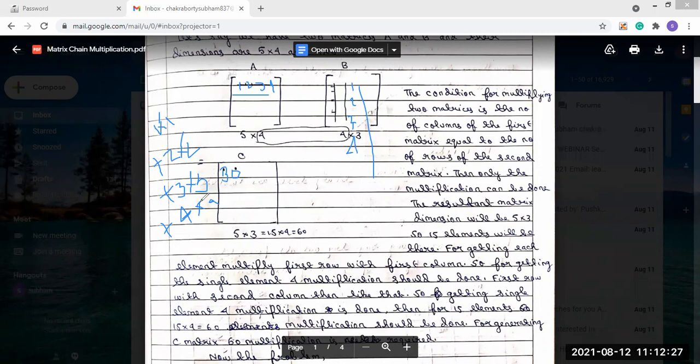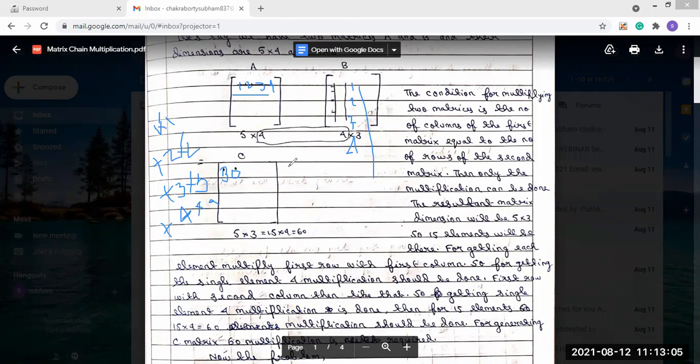Now, in matrix multiplication here, we do not have to think of the values. We only have to calculate the number of multiplications needed. Basically, if the dimension is 5 into 3, then 15 elements should be present in the matrix, and for finding each and every element, 4 multiplications are needed.